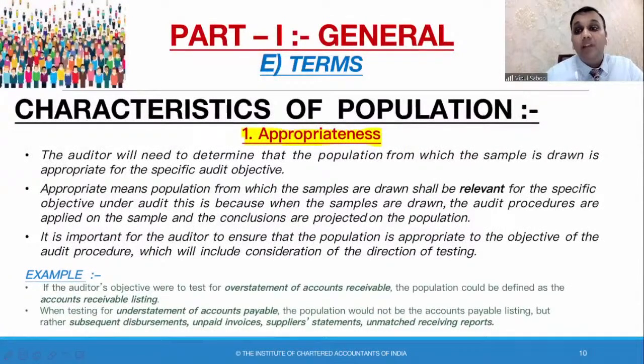Appropriate means relevant. So the auditor needs to determine that the population from which the sample has been drawn by him is appropriate for the specific audit objective.